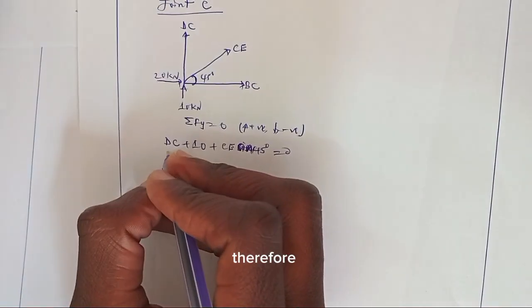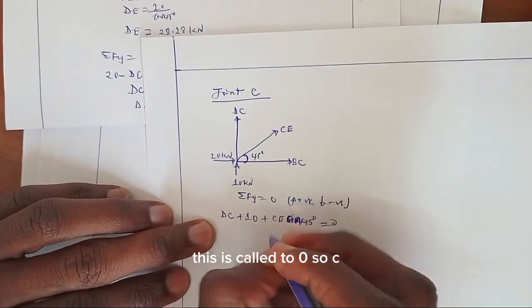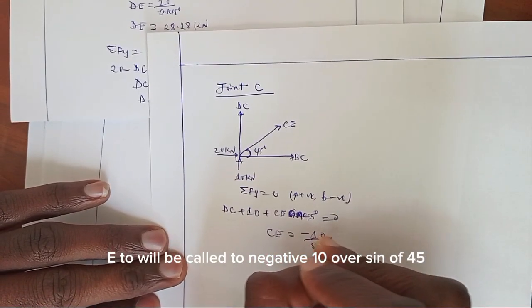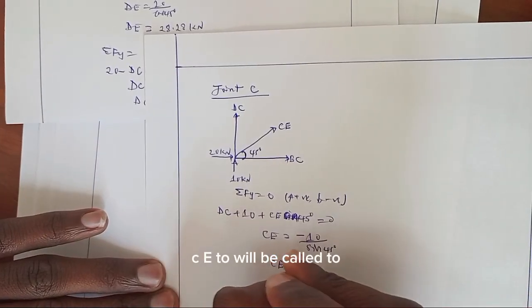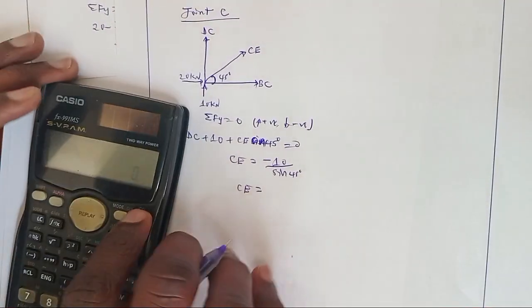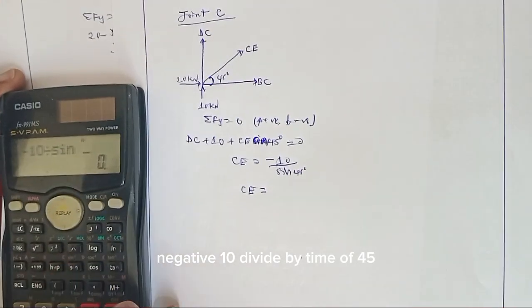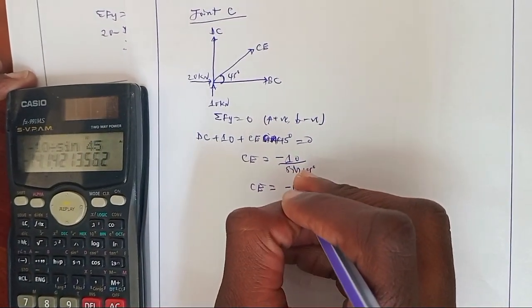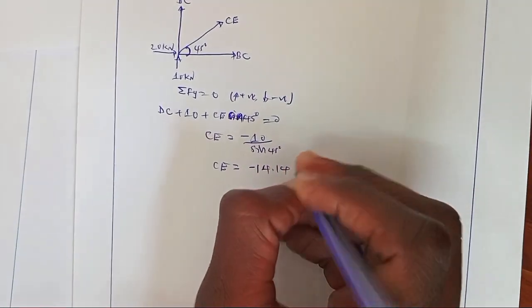Therefore, DC we have obtained is equal to 0. So CE will be equal to negative 10 over sine of 45. CE will be equal to negative 10 divided by sine of 45. It will be equal to negative 14.14 kilonewton.